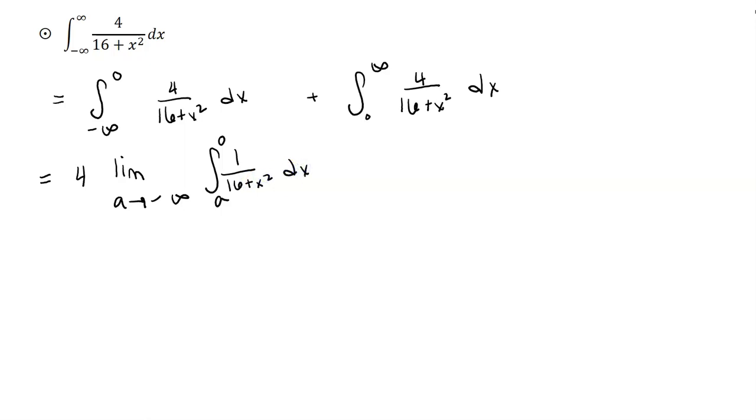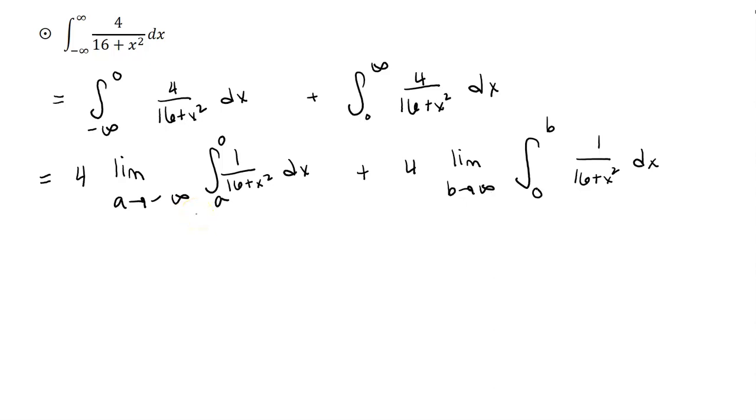This one's on the lower bound, plus 4 times the limit as b approaches infinity of the integral from 0 to b of 1 over 16 plus x squared dx. So you can see that I brought the 4's out, and then I replaced that negative infinity with the limit as a approaches negative infinity, and I replaced that positive infinity with the limit as b approaches infinity.